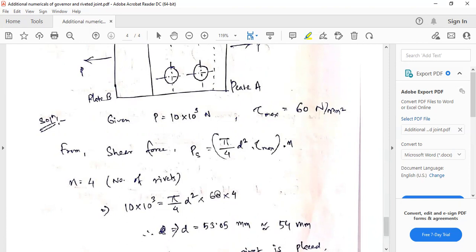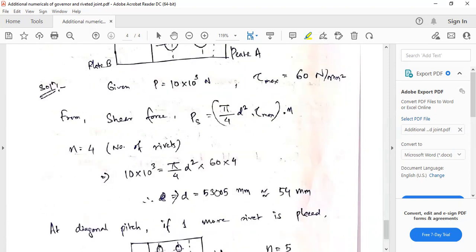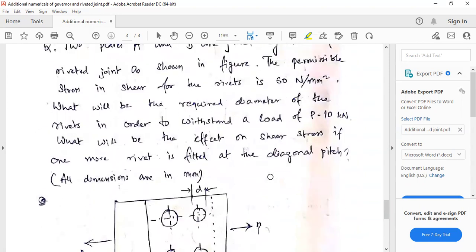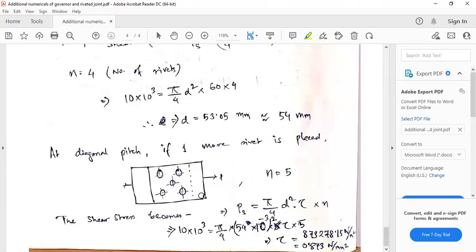From this equation, we get the diameter as 53.05 millimeter. So each rivet we approximate as 54 millimeter. So to withstand that force of 10 kilonewton with a permissible stress of 60 Newton per millimeter square for each rivet, we should have a diameter of 54.